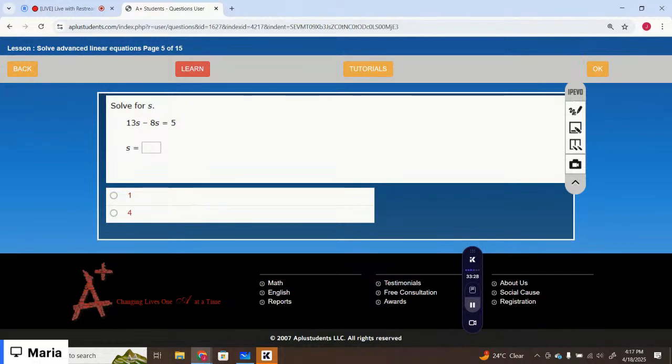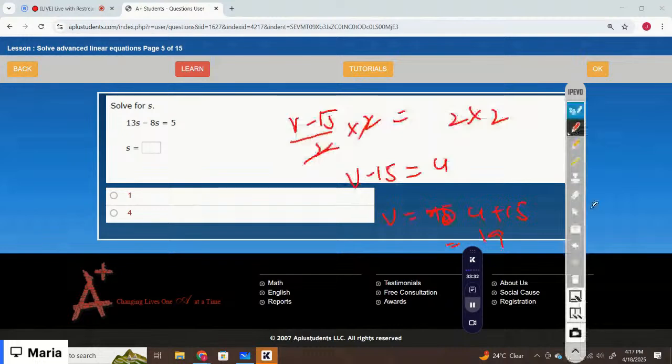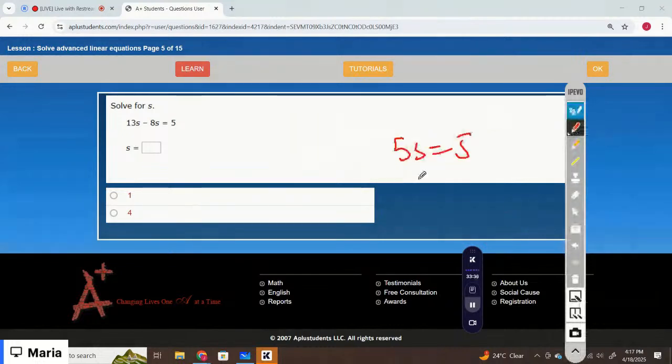Solve for s. 13s minus 8s equals 5s. 5s equals 5, so s equals 1. Option number B is the correct option.